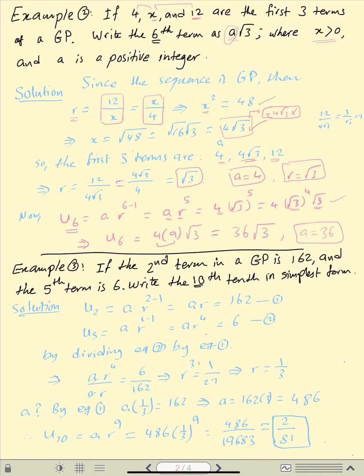Why? Because he wants x more than 0. So here we ignore the negative root, since he wants it positive.